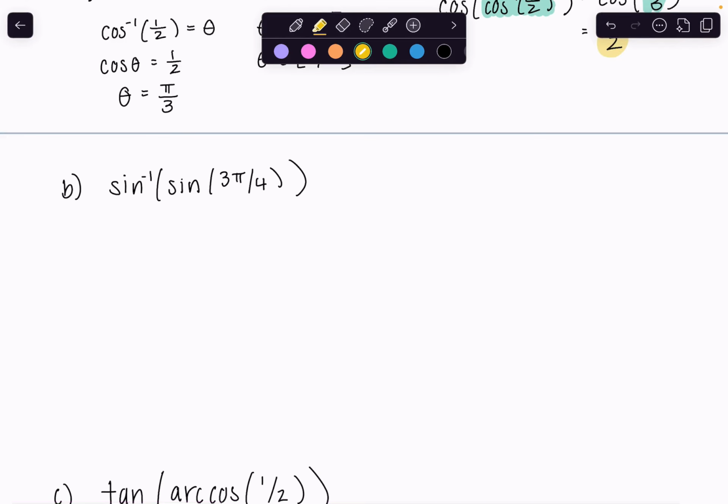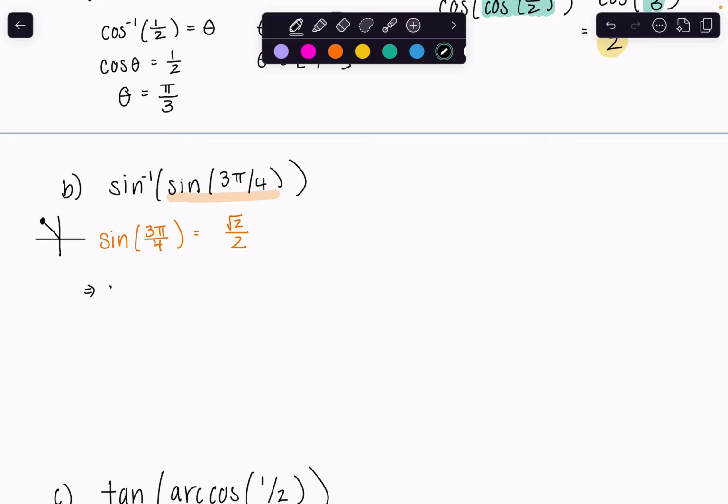Sine inverse of sine of 3 pi over 4. So if I start with the inside here, sine of 3 pi over 4 is a 45-degree angle, so I know it's going to deal with root 2 over 2. If I think about the quadrant that that's in, 3 pi over 4 is over here, so the sine function is positive.